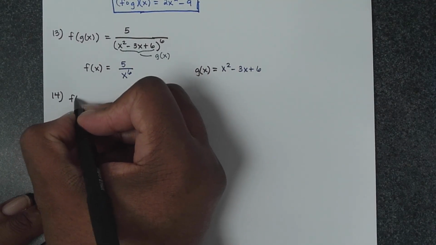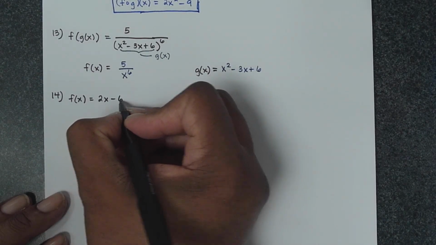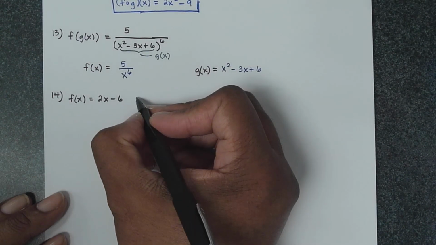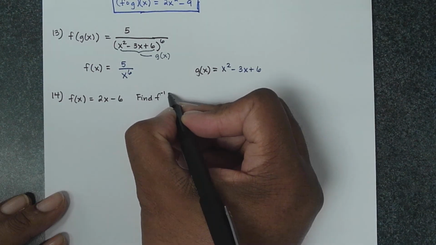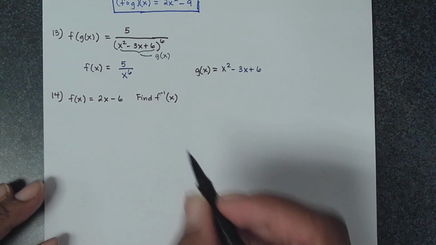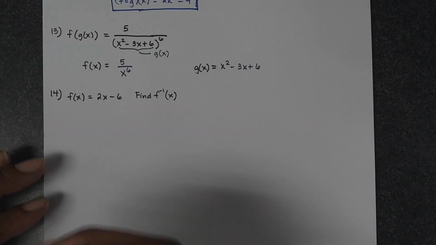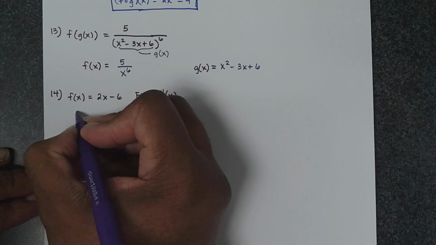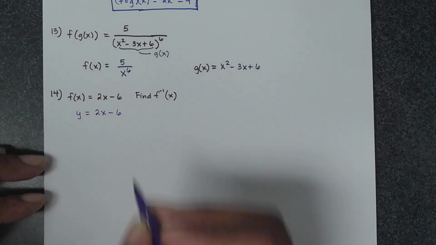So here we got f of x is equal to 2x minus 6, and we want to find f inverse of x. Well, to do that, we first have to write this in terms of y, so we need to substitute the f of x notation and put y in place of it. So it'd be y equal to 2x minus 6.